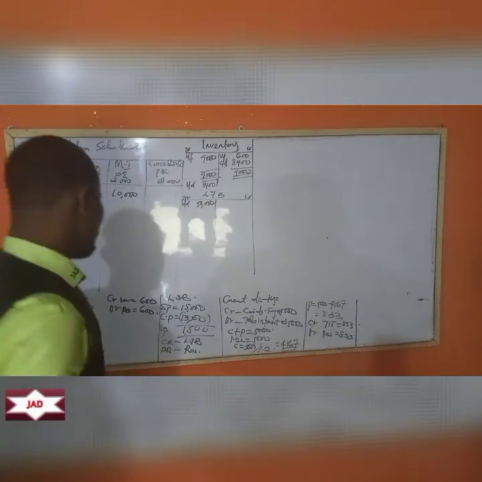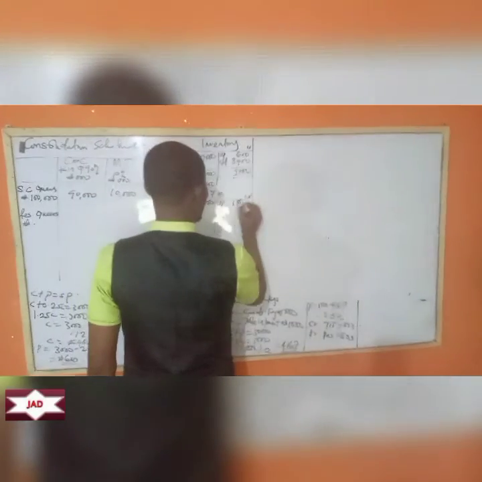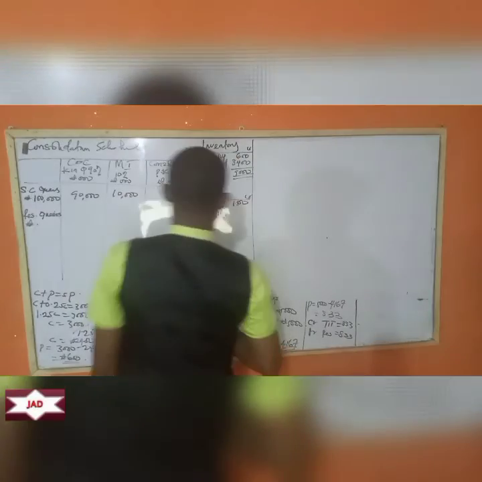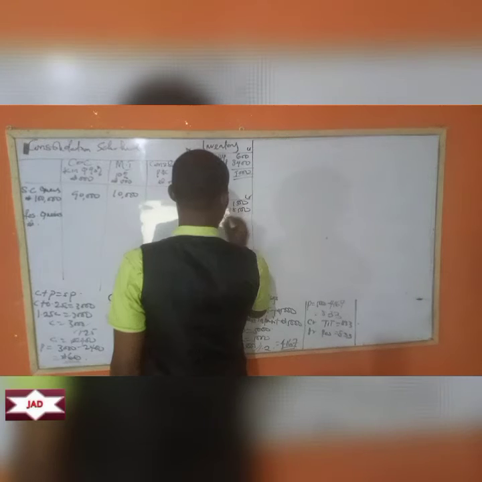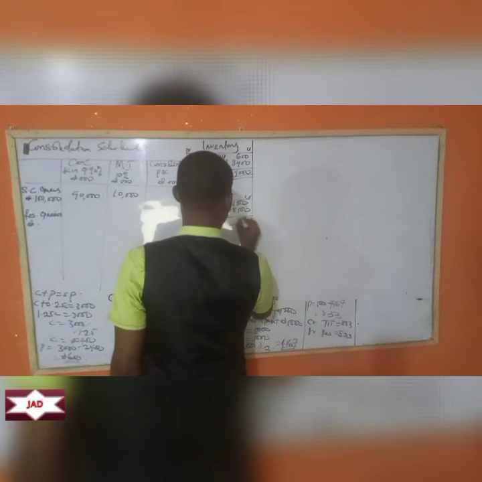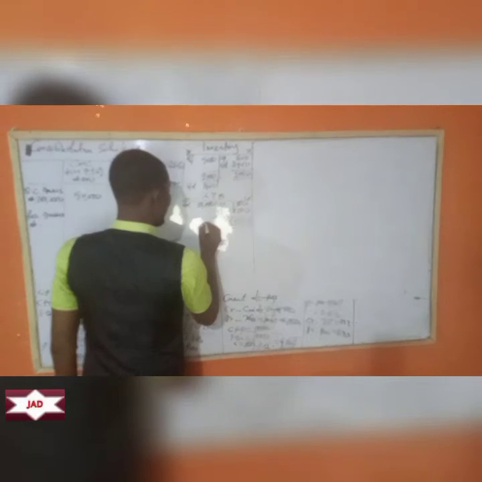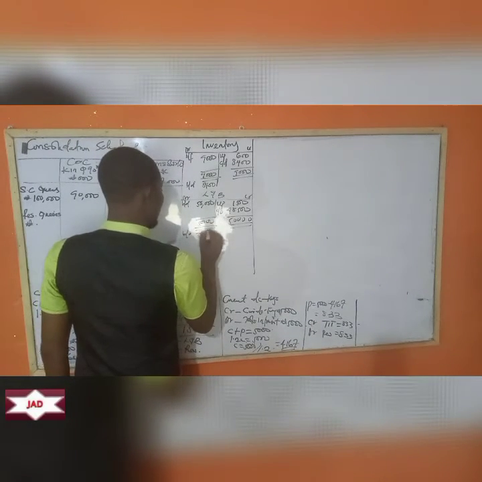Unrealized profit 1.5. So what will be the carry down now? That will be 48,500, the difference. So we have 50,000 here, and the new balance is 48,500.